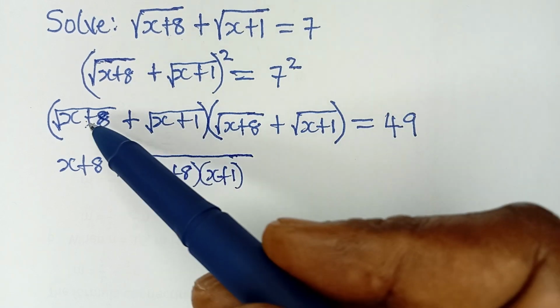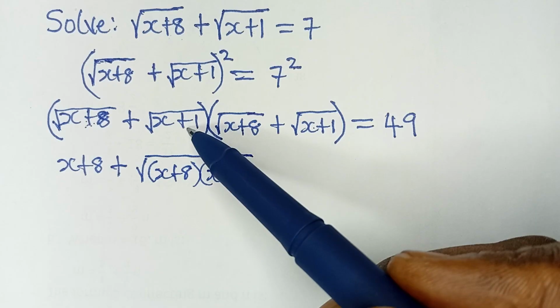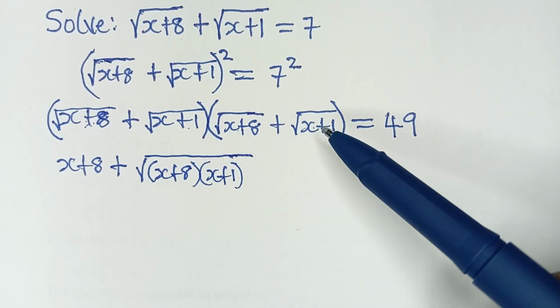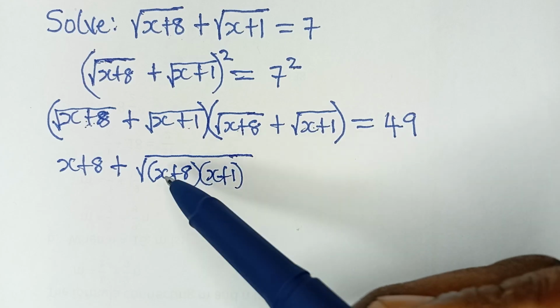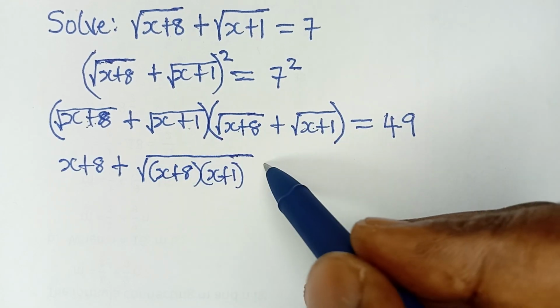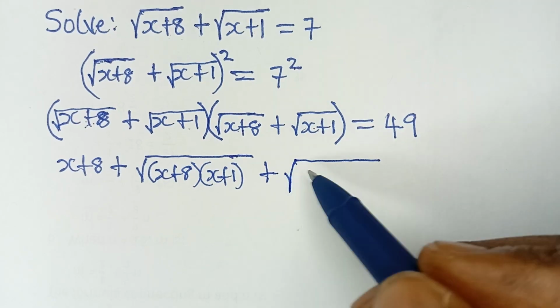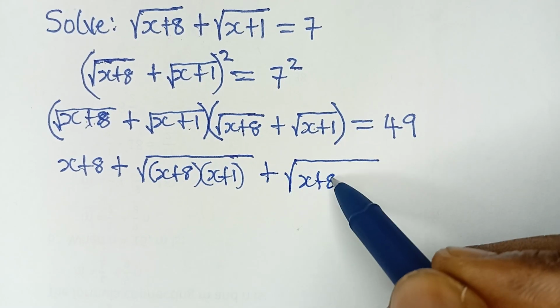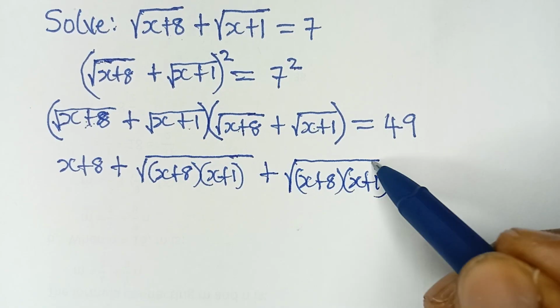Then the next thing now, I've used this one to multiply the two terms in this bracket. So the next thing is to also use this second one to multiply the two terms in this bracket. So this multiplied by this is the same thing as this. So I'm going to say plus the root sign now, which is x plus 8 and then x plus 1.